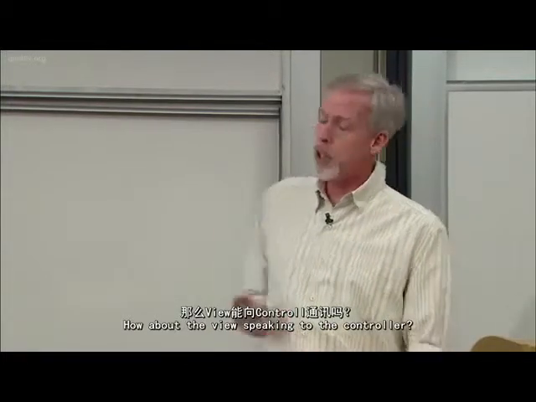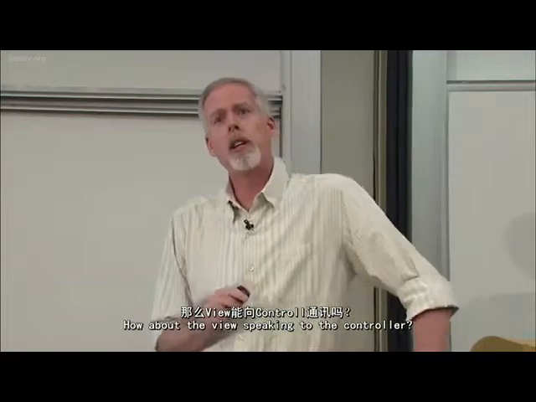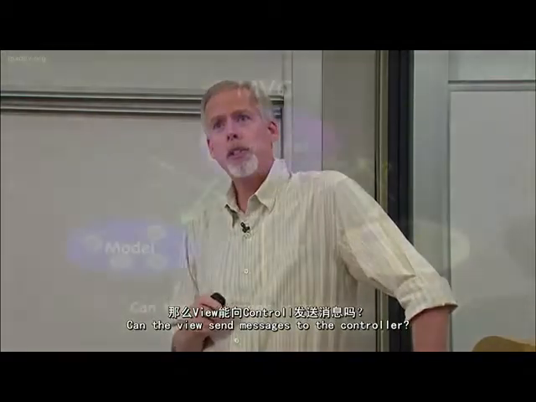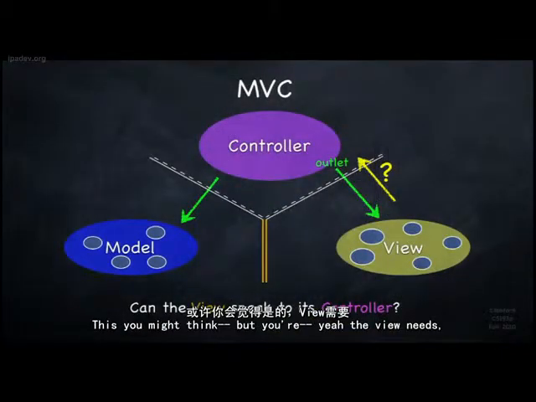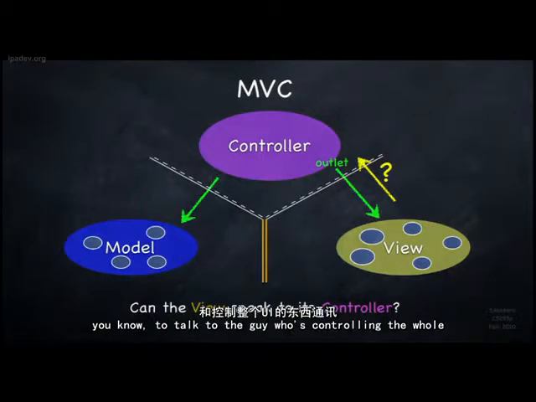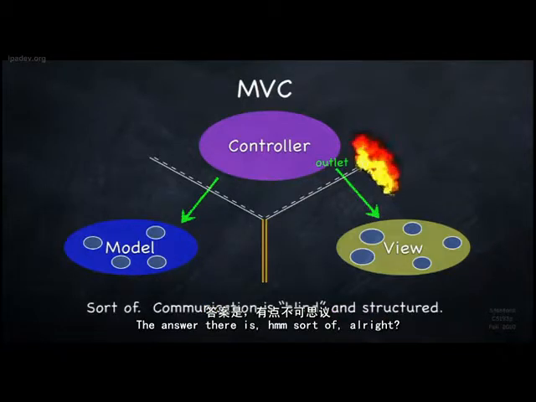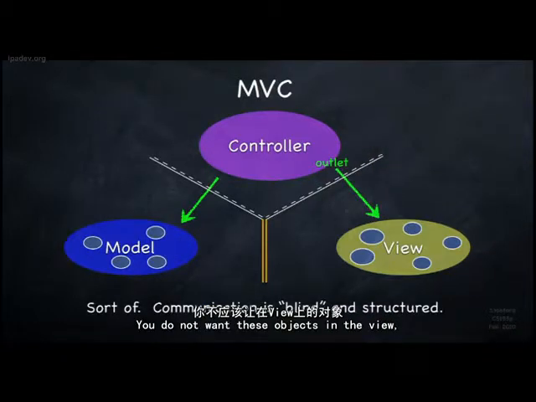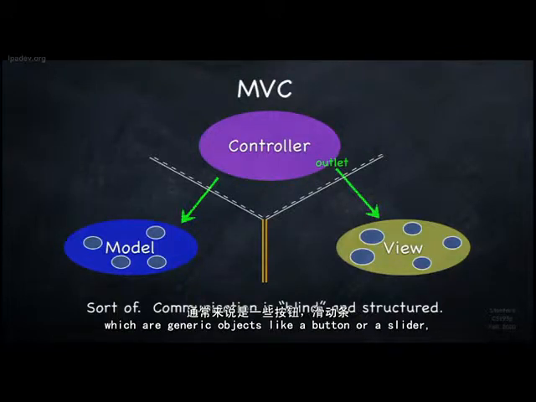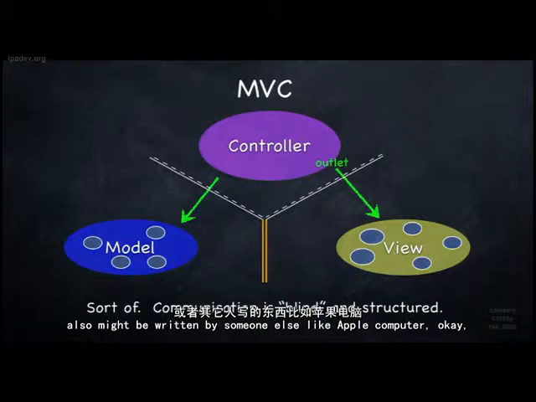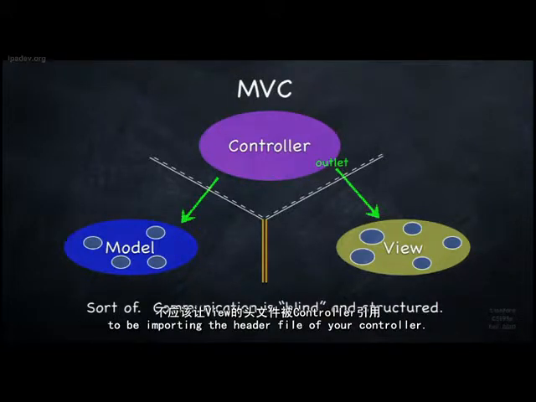How about the view speaking to the controller? Can the view send messages to the controller? You might think, sure, yeah, the view needs to talk to the guy who's controlling the whole UI experience. The answer there is, sort of. You do not want these objects in the view, which are generic objects like a button or a slider, also might be written by someone else, like Apple, to be importing the header file of your controller.